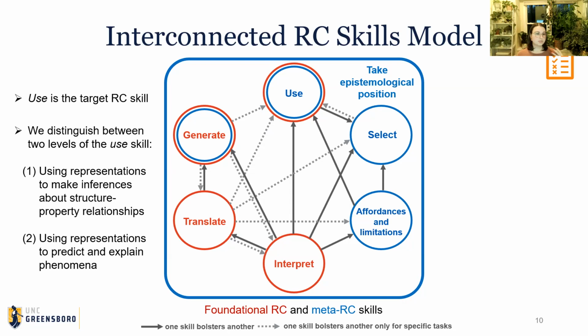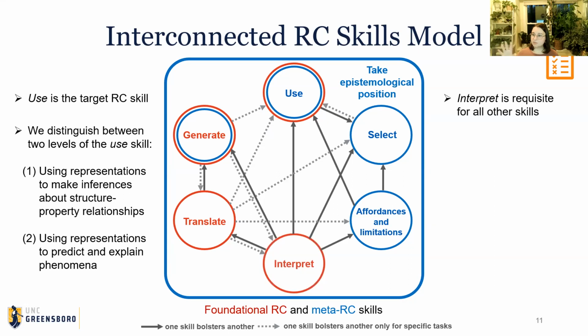We ask our students to do that all the time in our chemistry assessments. However, there's also this higher level, meta level use, in which one is asked to make a far transfer inference, in which we are using representations kind of like models to predict and explain phenomena. So that's the higher level of the use skill.